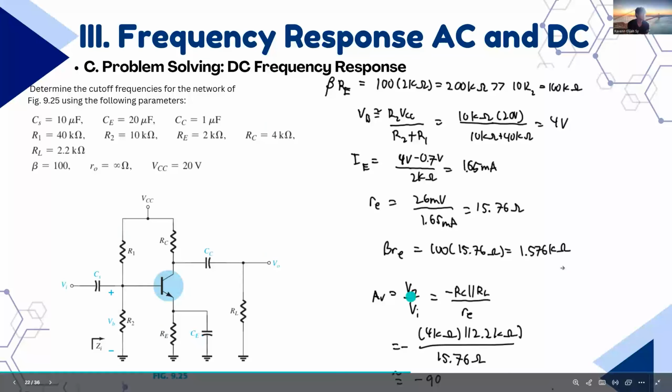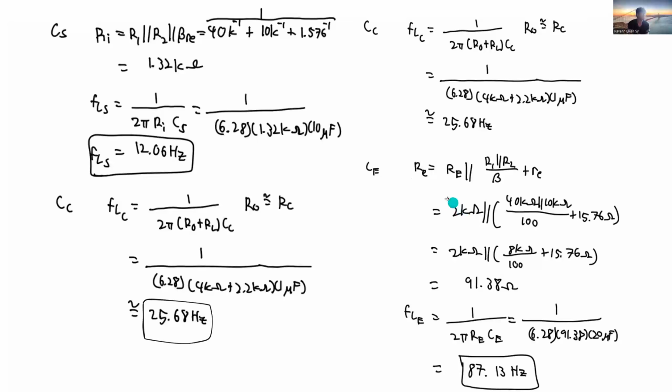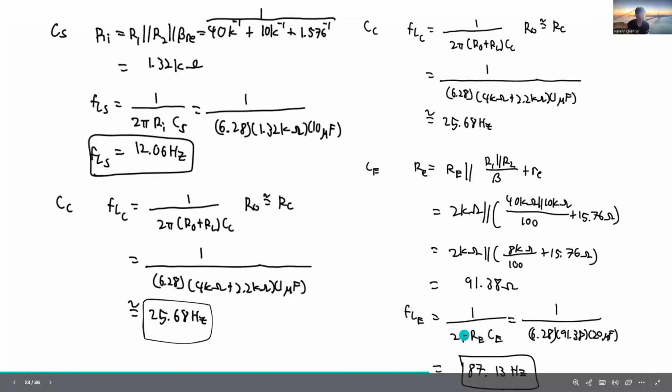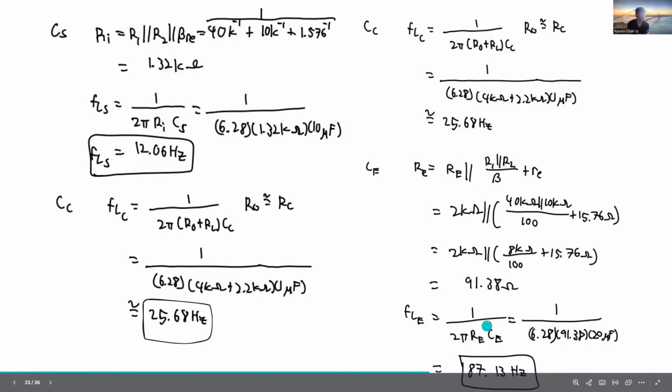So we apply the formula, apply all these values we have obtained before, then we will get 9.38 ohms. After getting this RE, we apply 1 over 2 pi RE CE, R for the RE, and then C for the CE. Then we apply the values that we have obtained, then we'll have the cutoff frequency.